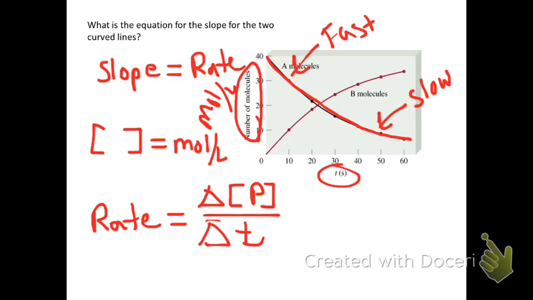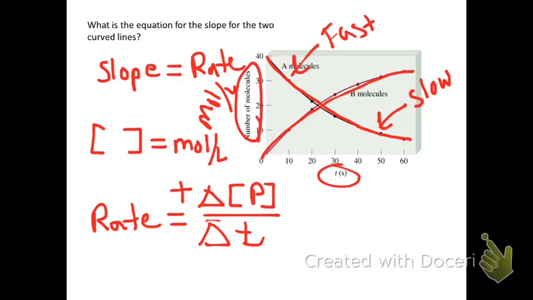Okay, so that would be the slope for the products. And notice the slope is positive, so our rate's going to be positive here, okay, on this equation.